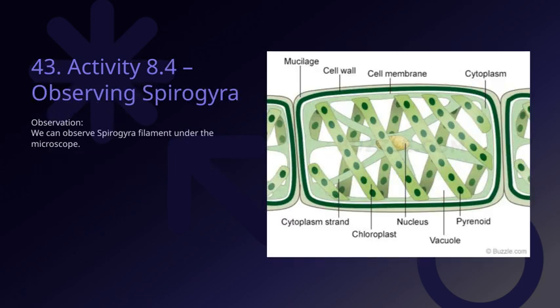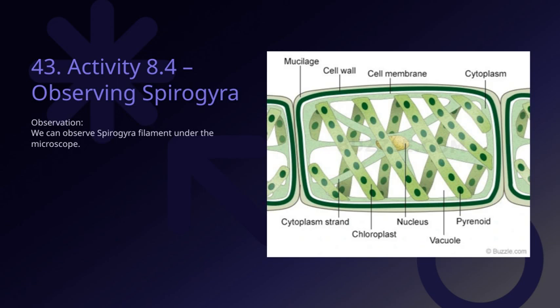Now, let's take a closer look at the Spirogyra filament under the microscope. As you observe, you'll notice its spiral chloroplasts, which give it a distinctive appearance. This observation helps us understand how these algae carry out photosynthesis and their role in aquatic ecosystems. By examining Spirogyra closely, we can see the structure and organization of its cells, which is fundamental to grasping how these organisms function.